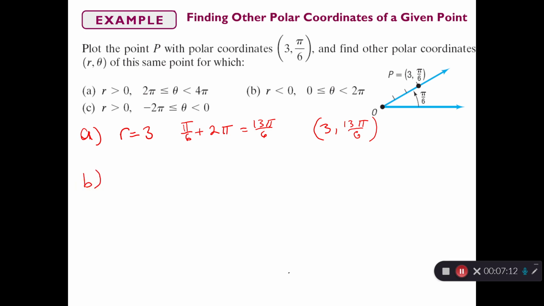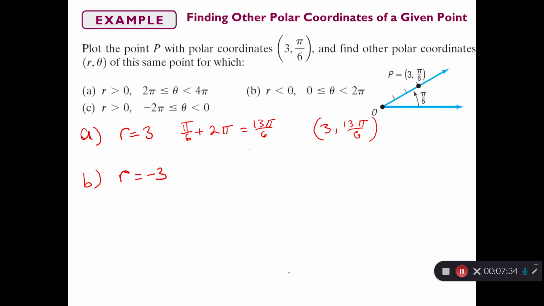Now for B, the interesting thing is we need a negative r. We have to land out 3 units from the pole, and we need negative r. It's a pretty safe bet that r is going to equal negative 3.